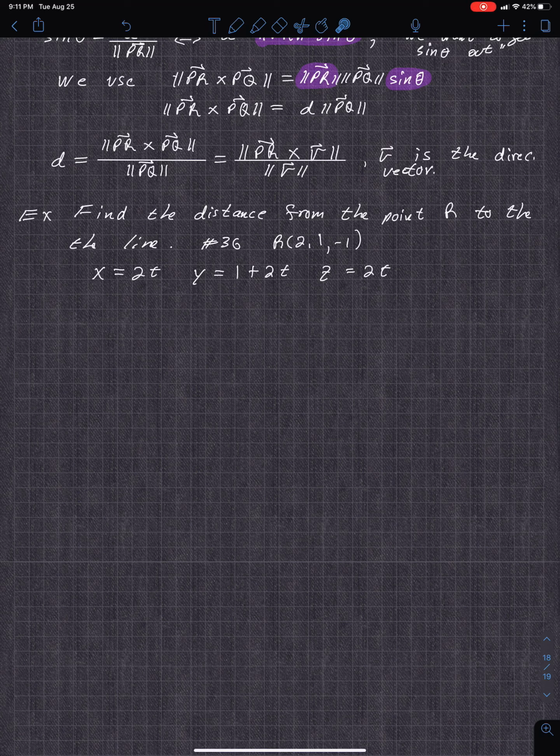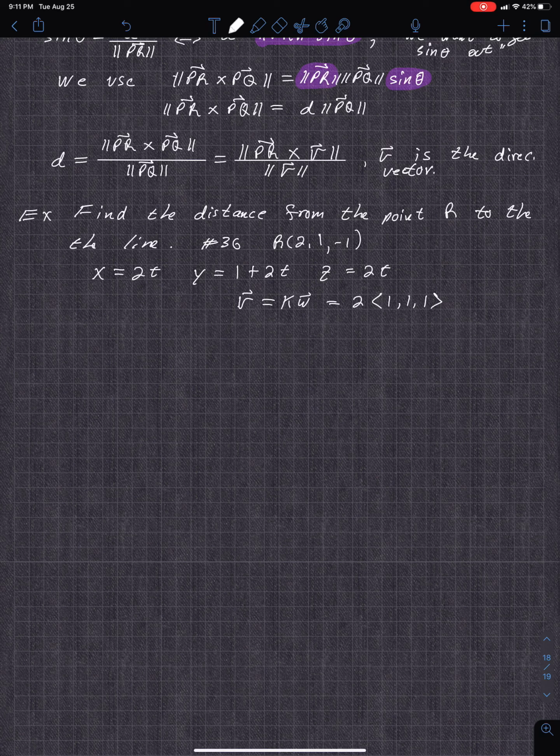Kind of makes it simple. Because t is anything, that constant's the same. So what we can do is use this parallel line. When they're parallel, you can make that 2 times the 1, 1, 1. And so we can just use the 1, 1, 1 as our direction vector.